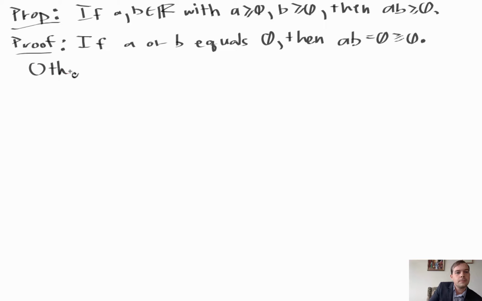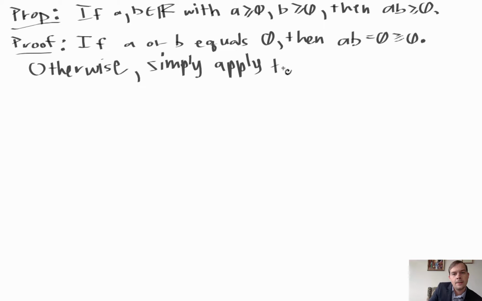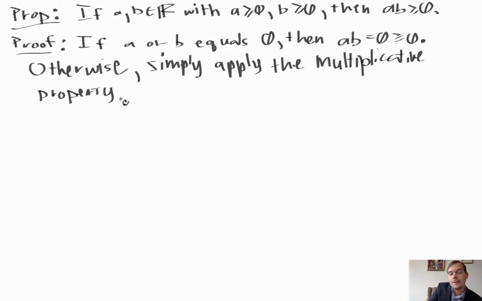Otherwise, we simply apply the multiplicative property, and this results in the termination of the proof.